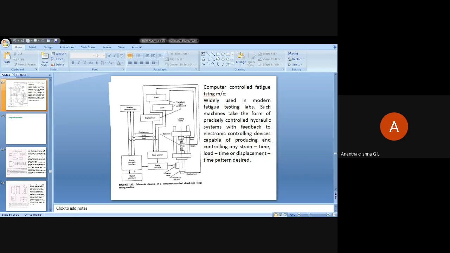Complete that sketch and write-up today, by the afternoon, the computer controlled fatigue testing machine. Tomorrow morning we'll take up the next 2-3 questions. Yes, sir. Okay then. Fine. Bye. Thank you, sir.